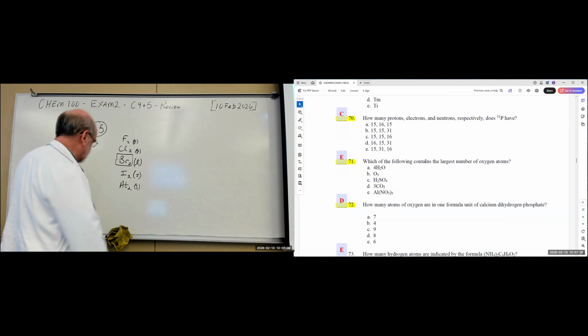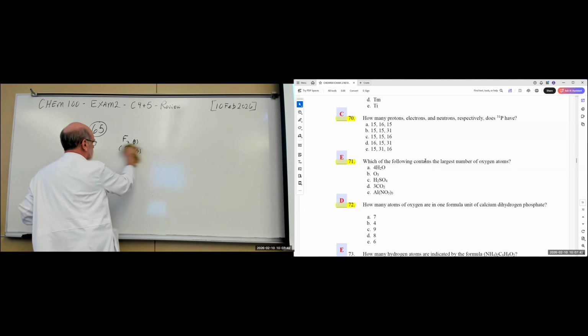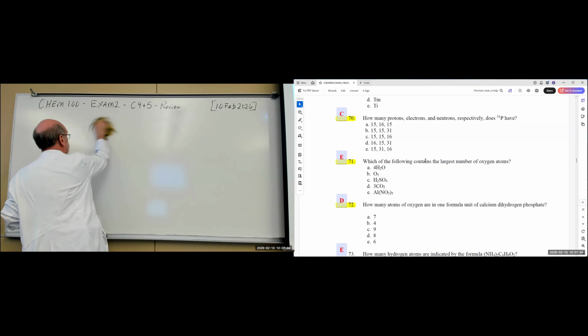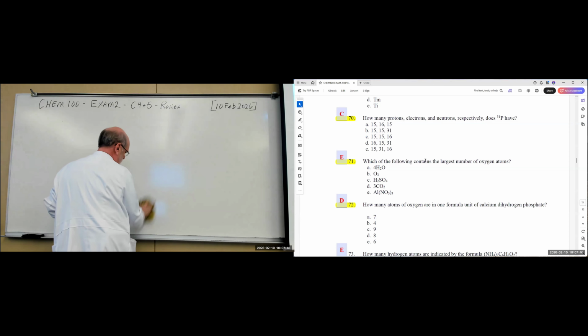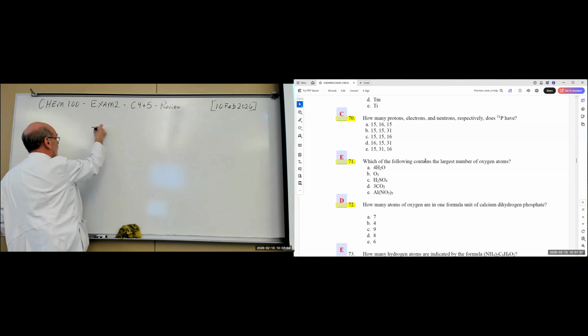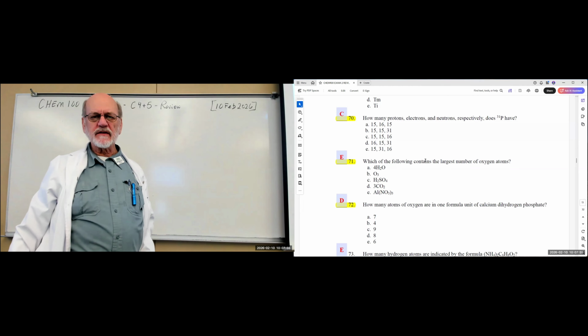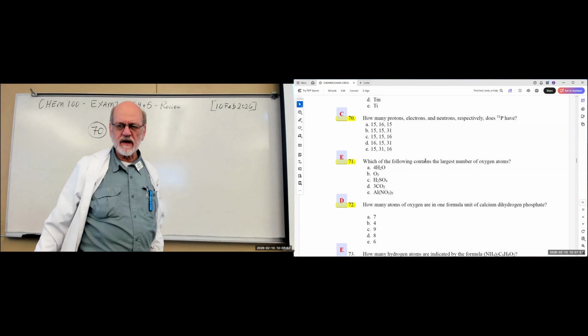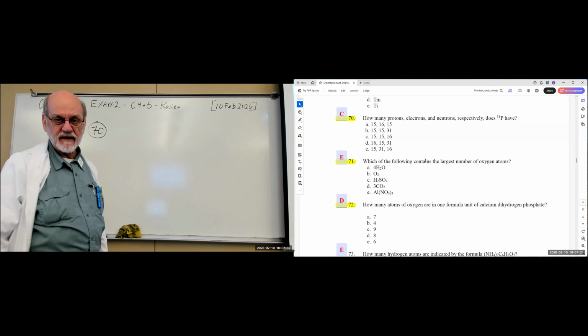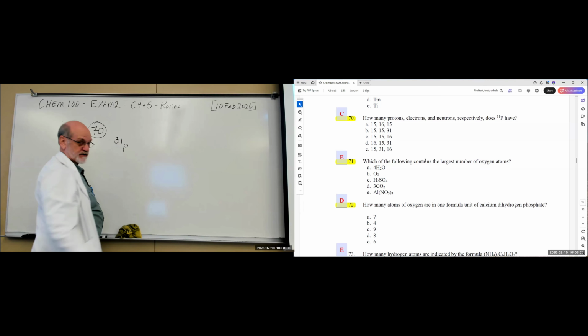All right, down to number 70. We're doing on time, okay? We've chewed up an hour so far. Number 70. How many protons, electrons, and neutrons, respectively, does 31P have? 31. That's phosphorus.